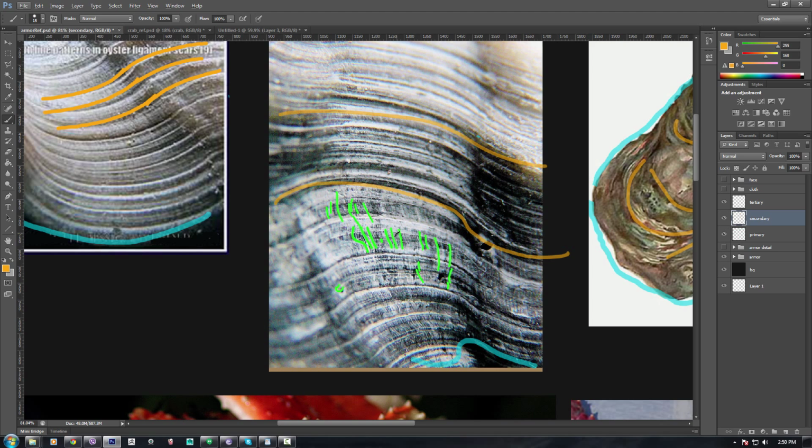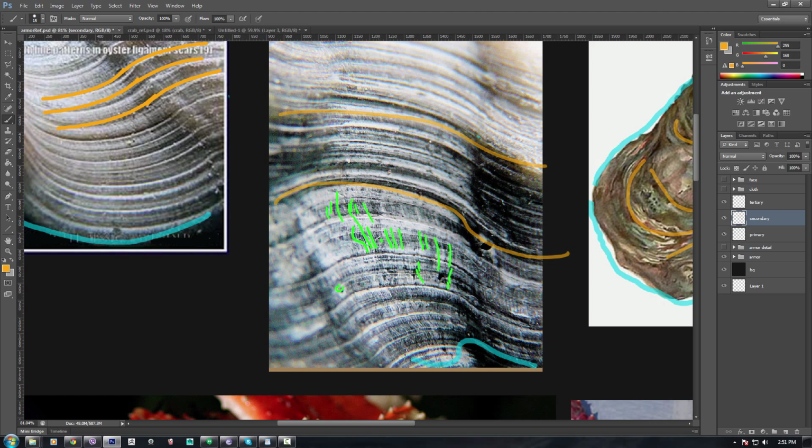And then there are tertiary forms. Tertiary forms are like fine details. From what you can see, the tertiary forms almost break the flow. So they're almost in the opposite direction of your secondary forms.